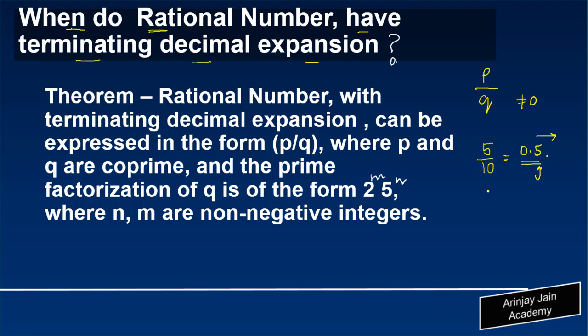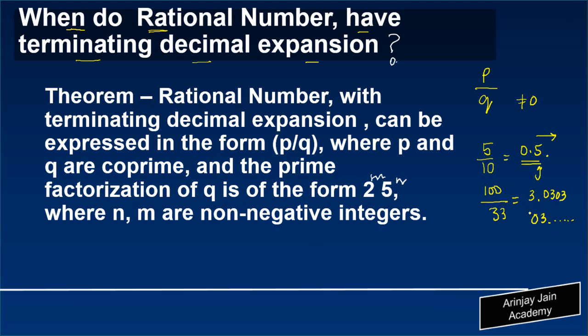So let's say, for example, you have to divide 100 by 99. You will get 1.030303, and this will keep on repeating itself.